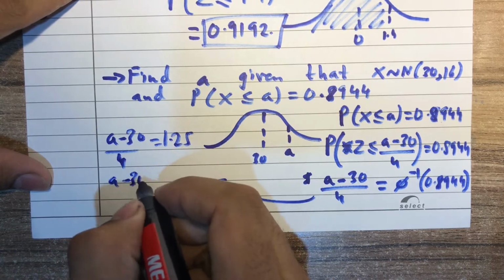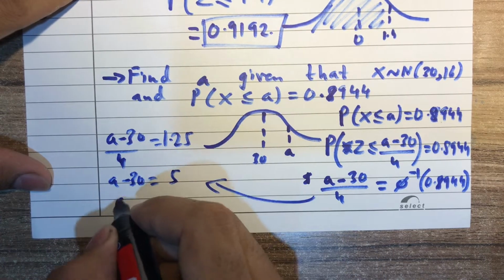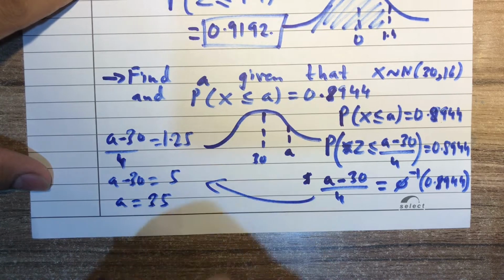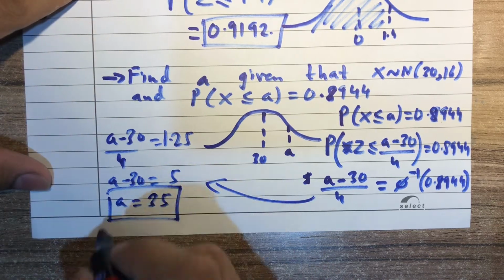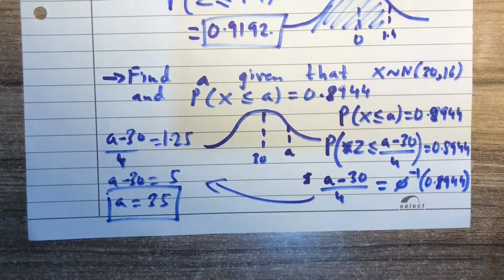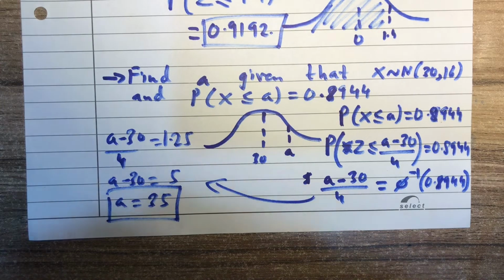So A minus 30 equals 5, A equals 35. So there are basically two things that we'll have to mainly do in normal distribution. The first is that we have a value, we have to find the probability for it. Second is that we have the probability, we have to find the value for it.